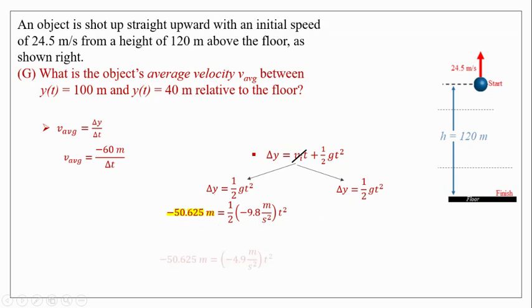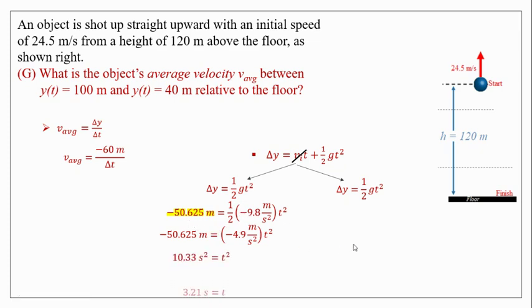So if you could keep up with the work here, it's negative 50.625 because we know that it rose 30.625 meters, and then from that distance down, it comes back to 120, but then you've got to go down to 100, which is an additional 20. So really 30.625 plus 20 gives you negative 50.625, and then here it just becomes calculator work.